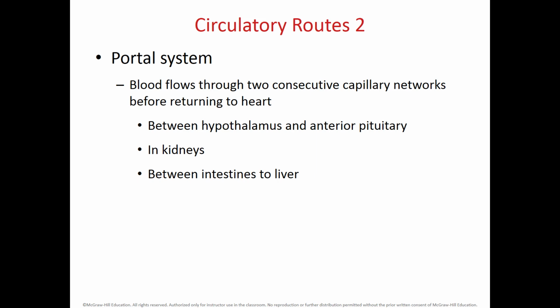So the portal system will allow blood flow through two consecutive capillary networks before returning into the heart. Examples where we have these anastomoses or these portal systems are between the hypothalamus and the anterior pituitary gland in the brain. We also have them within the kidneys or between the intestines and the liver.